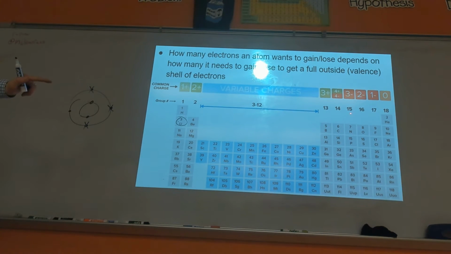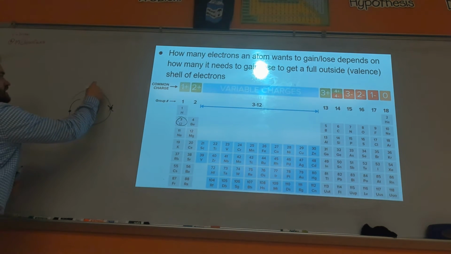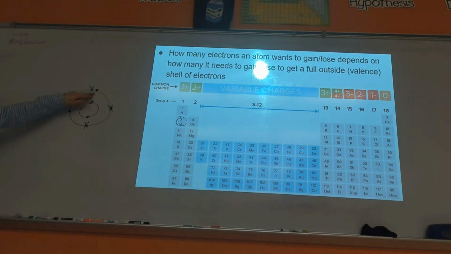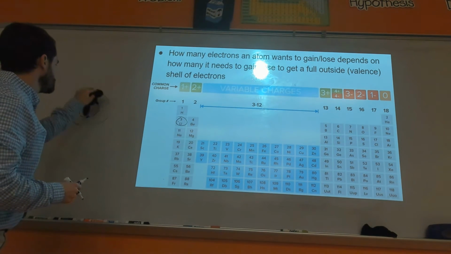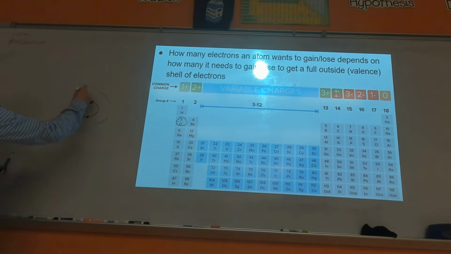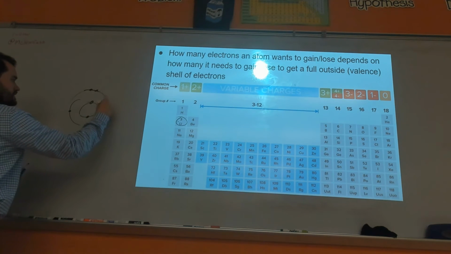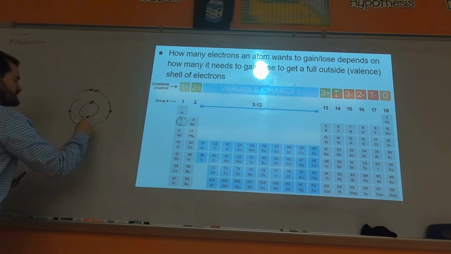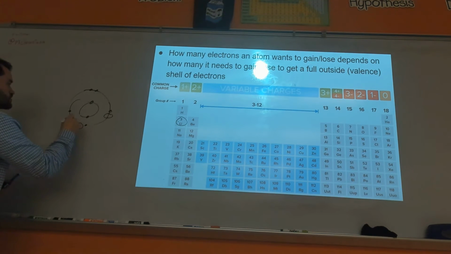But now, once you get to group 15, everything in group 15 has 5 valence electrons. Now they don't want to lose 5 electrons. They would rather gain 3. So in this scenario, it's more efficient to gain 1, 2, 3 more electrons to become a completely stable atom.